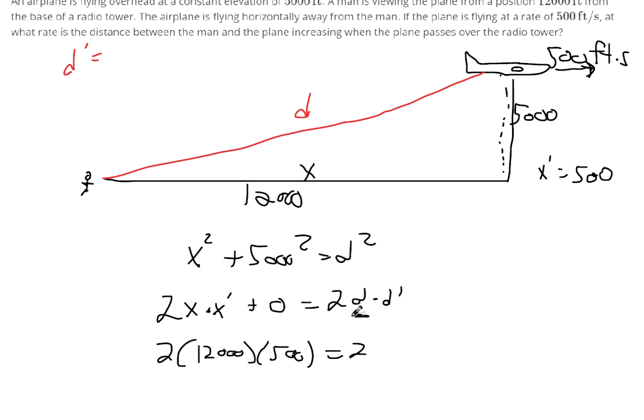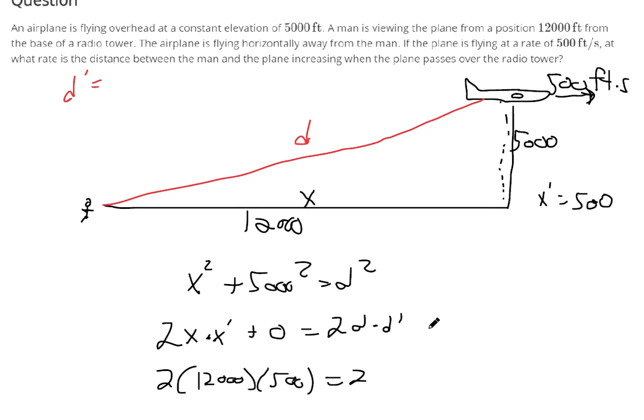And D, actually we don't have D yet, but we could get it really quickly, because D at this particular instant is determined using the Pythagorean Theorem. 12,000 squared plus 5,000 squared equals D squared.